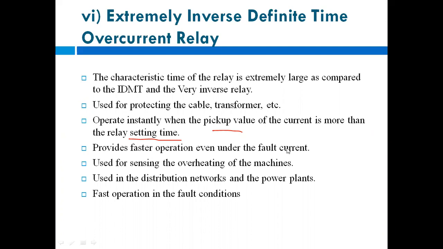Then inverse definite minimum time overcurrent. Then very inverse definite time overcurrent relay, and next, extremely inverse definite time overcurrent relay. Correct. So these are the 6 relays. Now we'll see the next point.